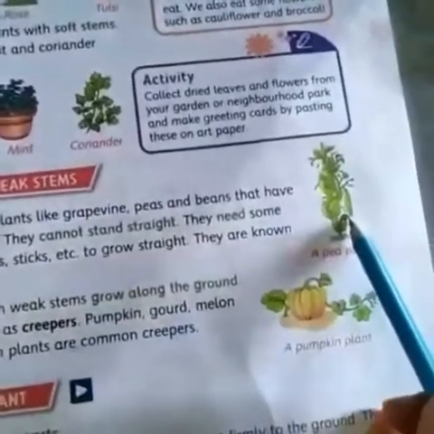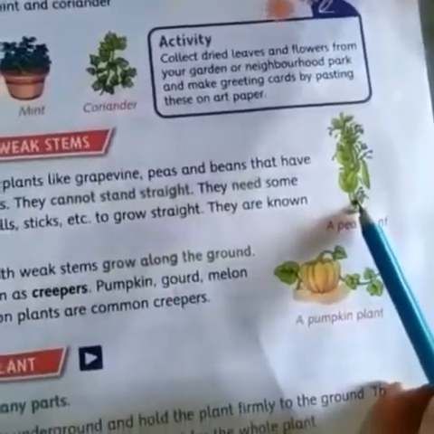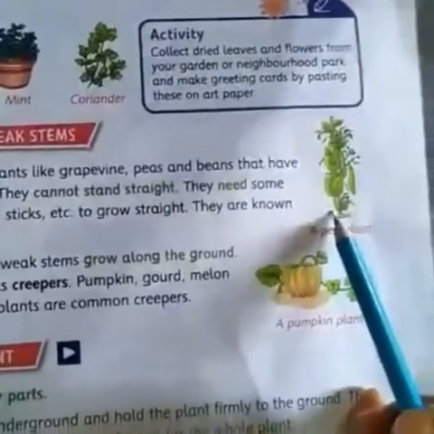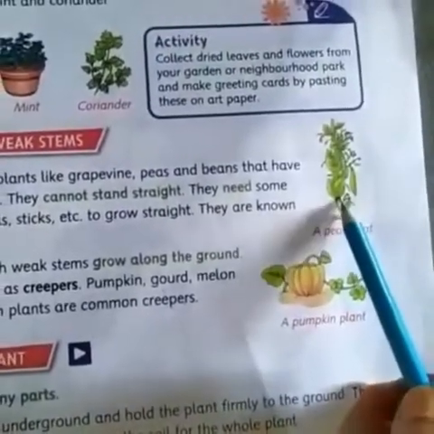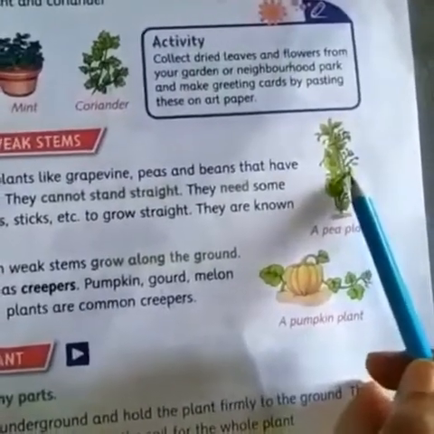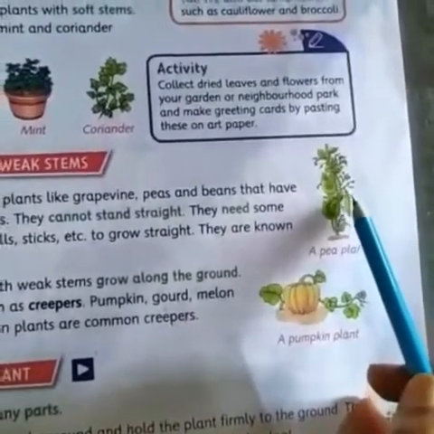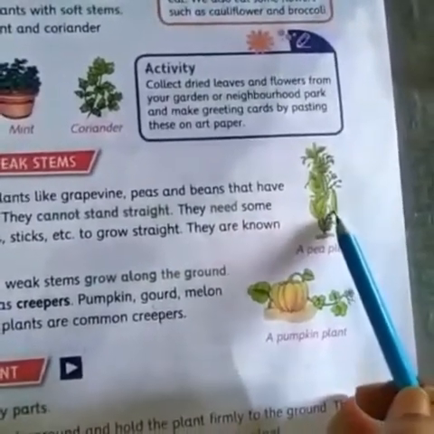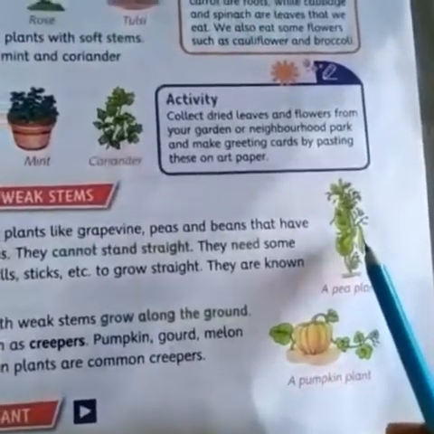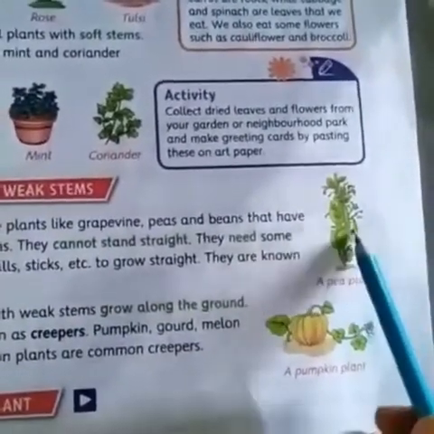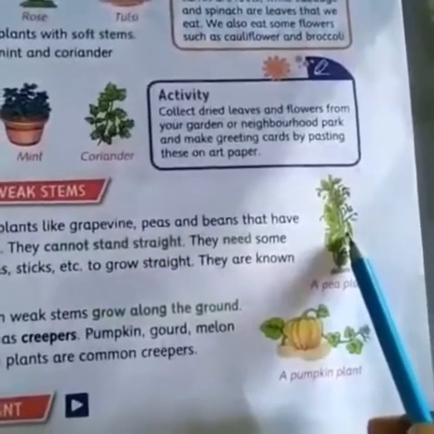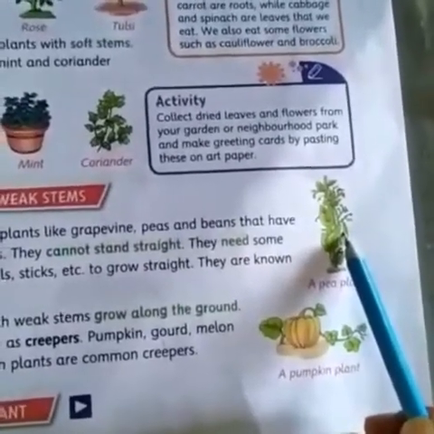So you can see in the picture, this is a climber, a pea plant. It bears peas. So the vegetable it bears is peas. Vegetables a climber bears are not that heavy. They are light in weight.